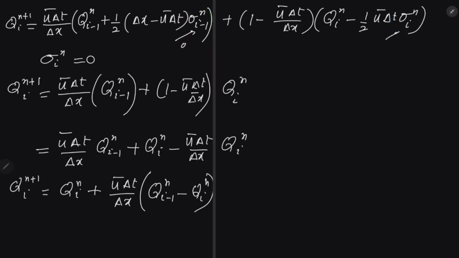For the slope we have different formulas. For sigma_i^n at cell i, if we take the slope as (Q_{i+1}^n minus Q_{i-1}^n) divided by 2Δx, this is the centered choice.